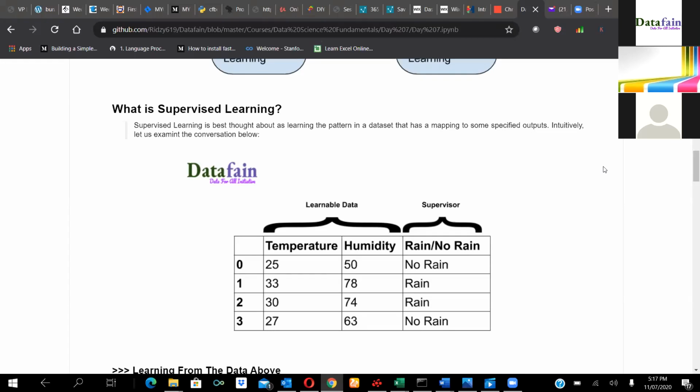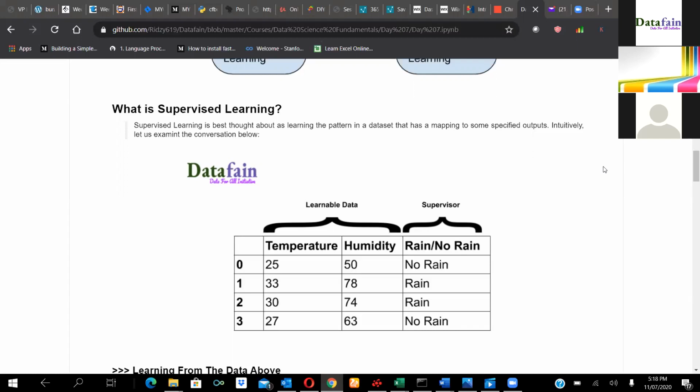Now, the way this works is you have your rows and columns that are called your input data. And then you have your output data. So in the example we have here, temperature and humidity, they are our input data.